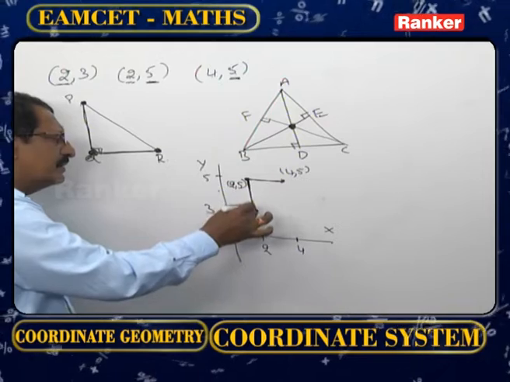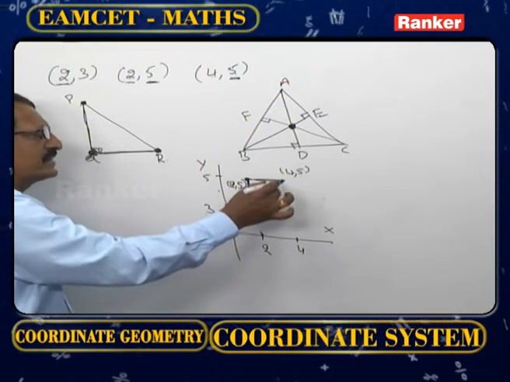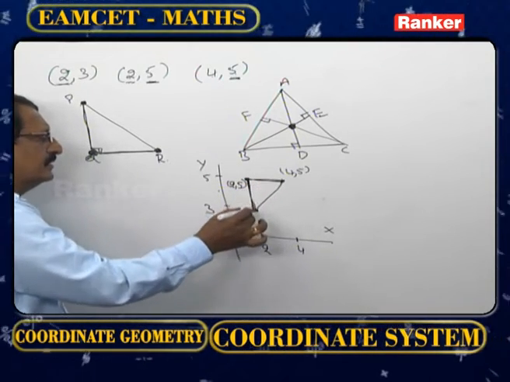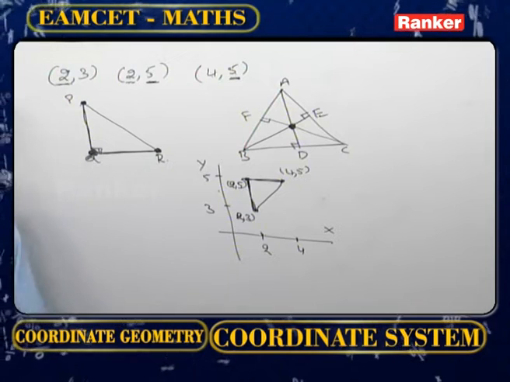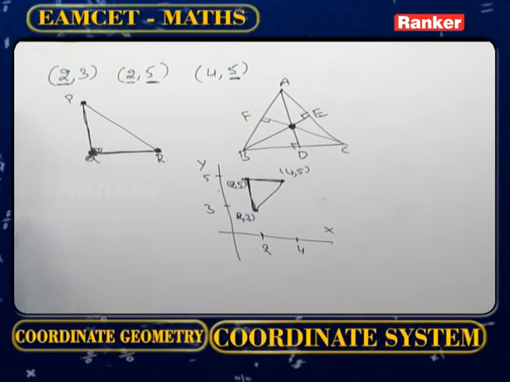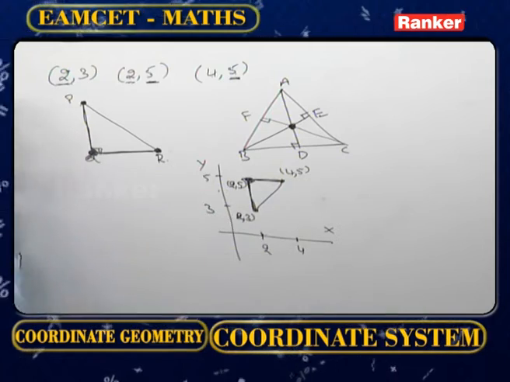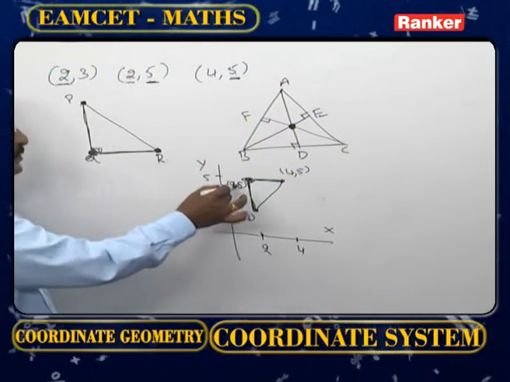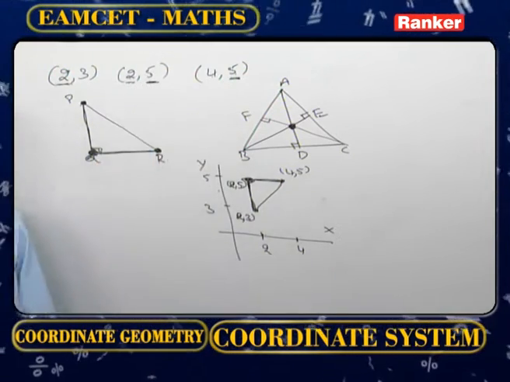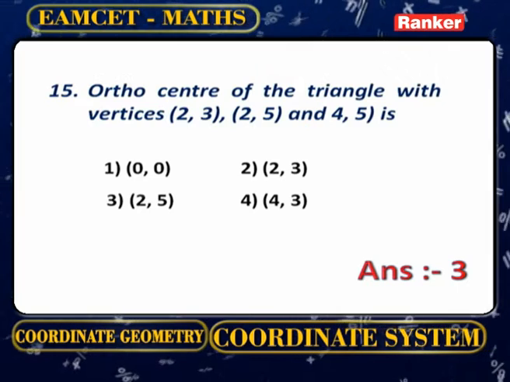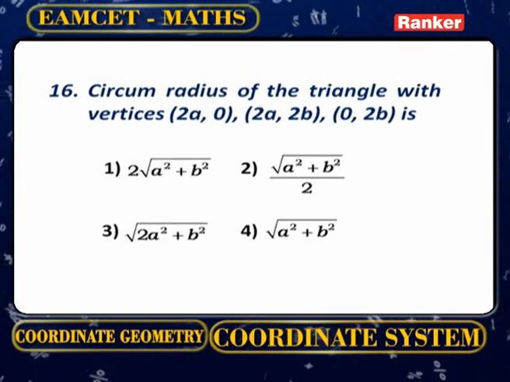One side is parallel to the y axis and the other side is parallel to the x axis, so the points form a right angle triangle. Then the orthocenter of the right angle triangle is its right angled vertex. The answer is (2, 5), the third option. Next problem.